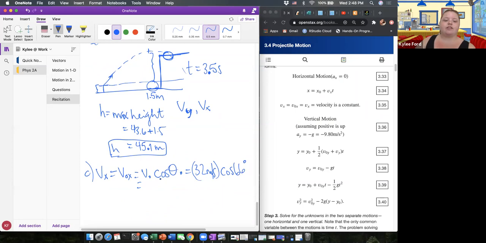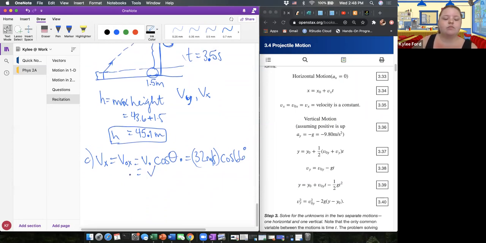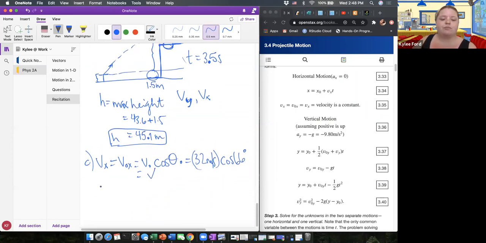So now I have that number. And then I need to know my Vy. So I know my V naught y, that's given, or I can solve for it. I know my final position y, I know t, I know y naught, that's 1.5.